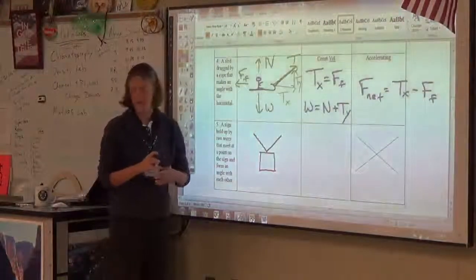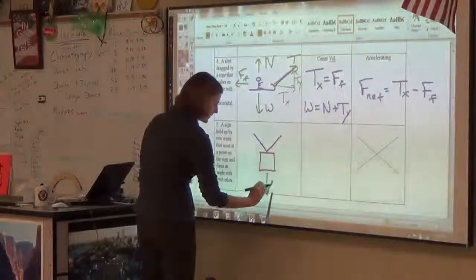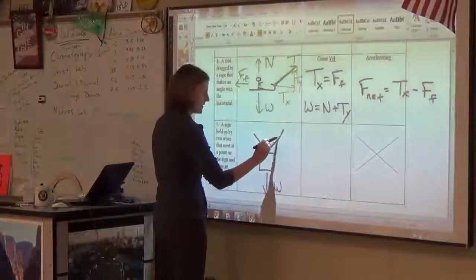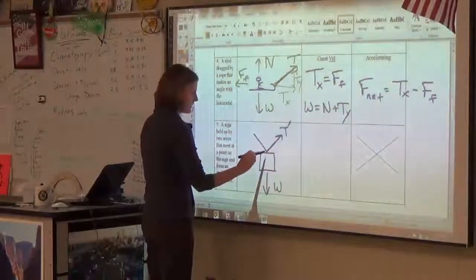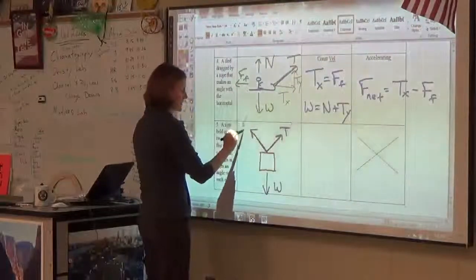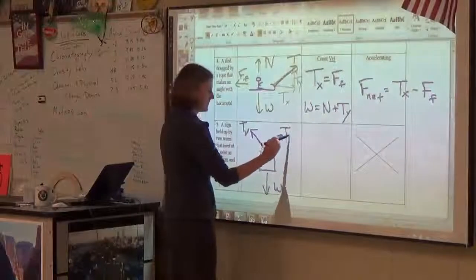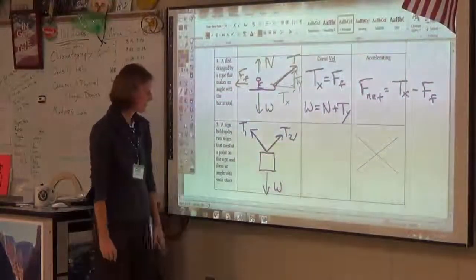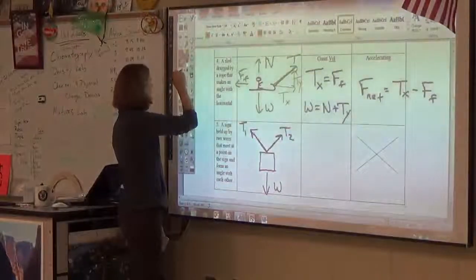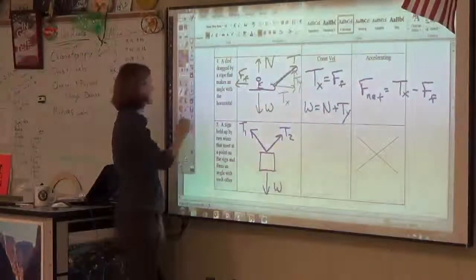Emily, what forces would I have? Weight. Gonna have the weight of the sign. What else? Tension. And if we have two of them, or two ropes, T1, T2. And what should I do with those tensions, since they are at angles?